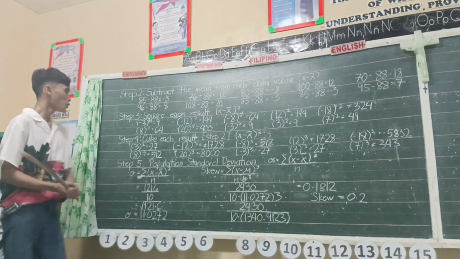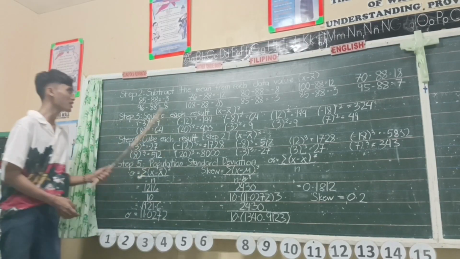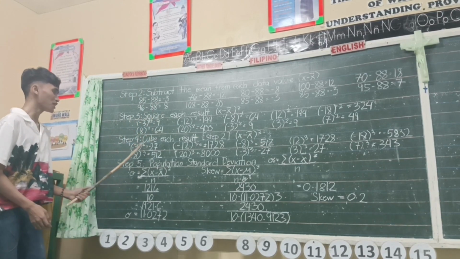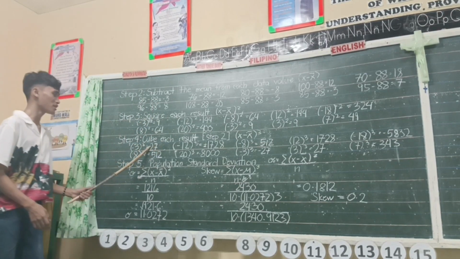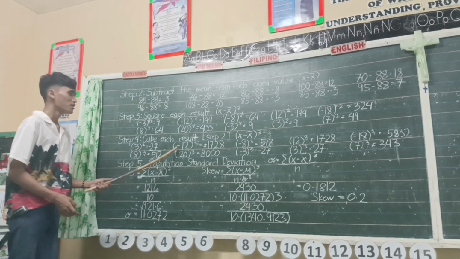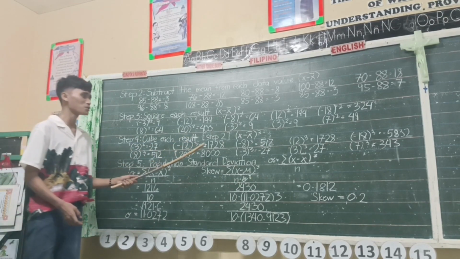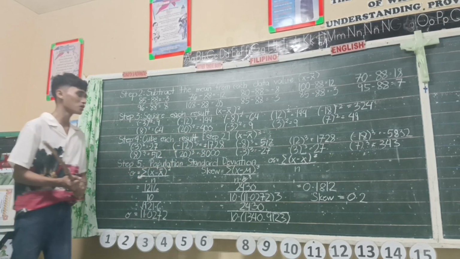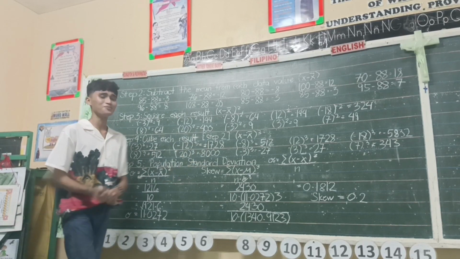In step 4, we need to cube each result that we calculated in step 2. So first, negative 3 cubed is equal to negative 27. 8 cubed is equal to 512. Negative 12 cubed is equal to negative 1728. 20 cubed is equal to 8000.